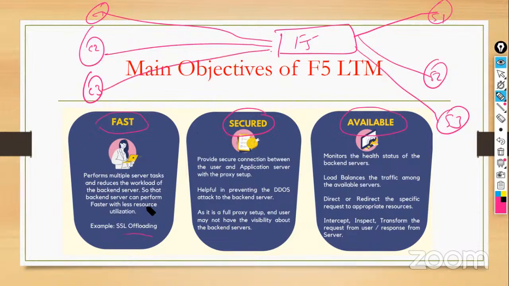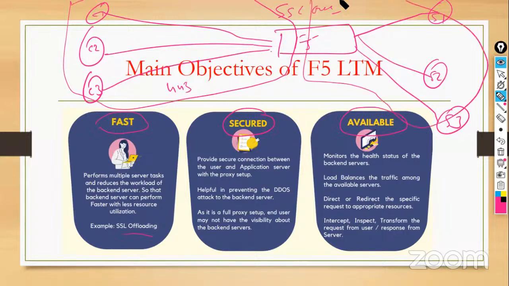Here we are just keeping the example of SSL offloading, right? If you do SSL offloading on this, what can you do? If you are using 443 at the front end, from here to here, and on the back end you are using 80, meaning HTTPS and HTTP.